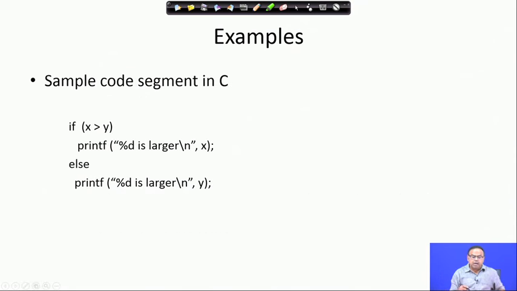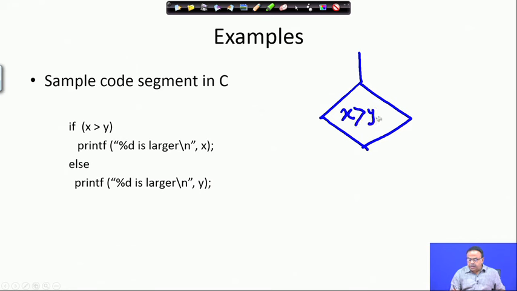So, here is a quick look at an application of this. Suppose I want to implement a flow chart something like this. I have read x and y, and I want to check x greater than y.